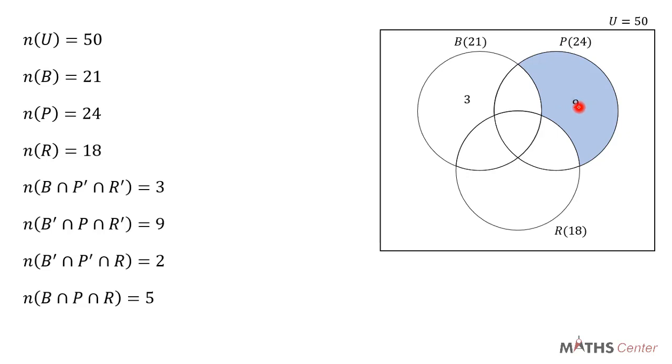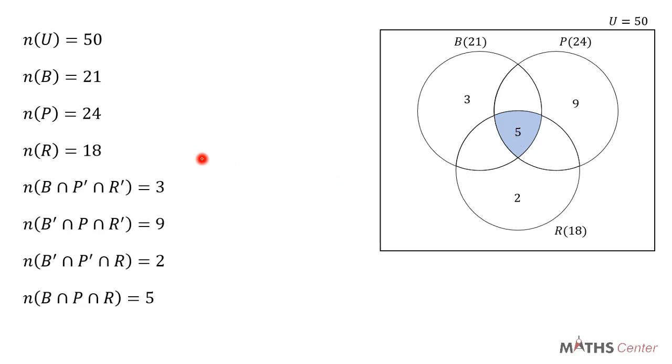So here is 9. Then the next one, we have B complement intersection P complement intersection R is 2. And this gives us R only. On our Venn diagram, this shaded portion gives us R only. Then the next one, we have number of B intersection P intersection R is 5. So the section where all the 3 circles intersect, which is this region, is 5.